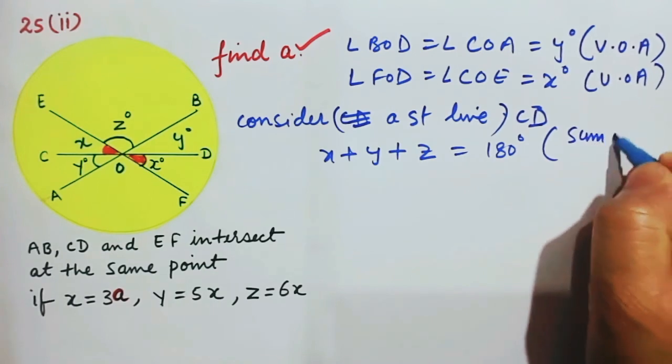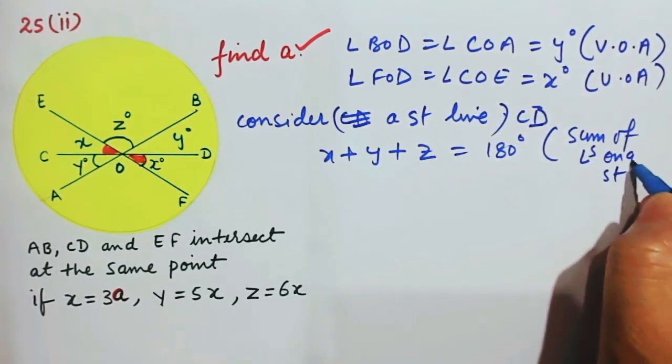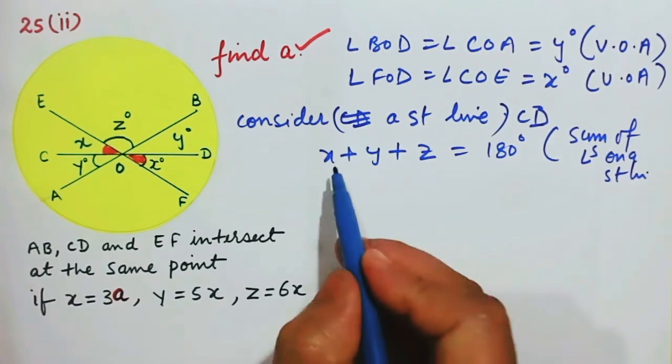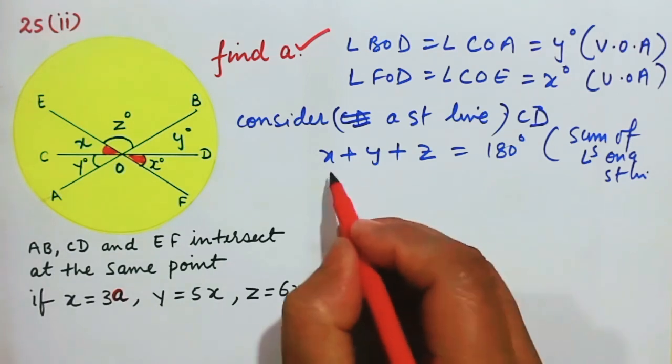Why? Sum of angles on a straight line. Now we have come up till here: x plus y plus z is equal to 180 degree.